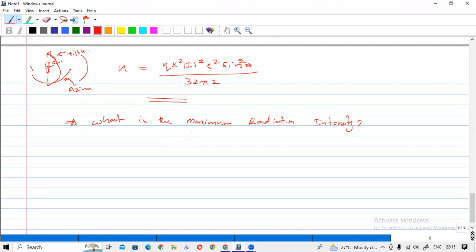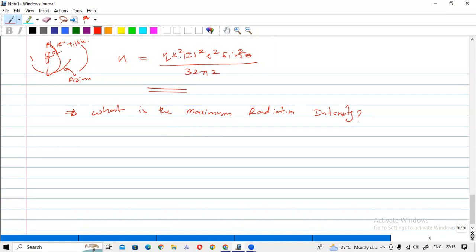Anyway, I will explain how to find it. You can see that U is changing due to sine square. So if you get the sine square maximum, you will get the maximum intensity. So what is the maximum of sine square theta? The maximum is when theta is equal to 90 degrees, so at that time sine theta is equal to 1.